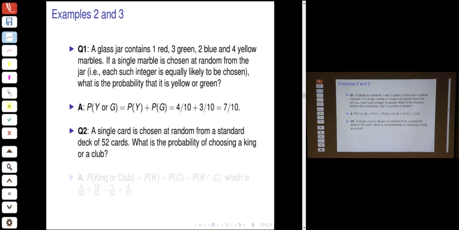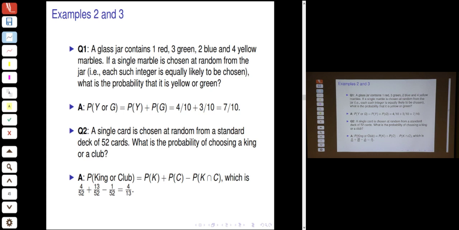Now the second one is slightly more complicated. We draw a card. A single card is chosen at random from a standard deck of 52 cards. What is the probability of choosing a king or a club? Again, we are counting a union, the probability of joint events.